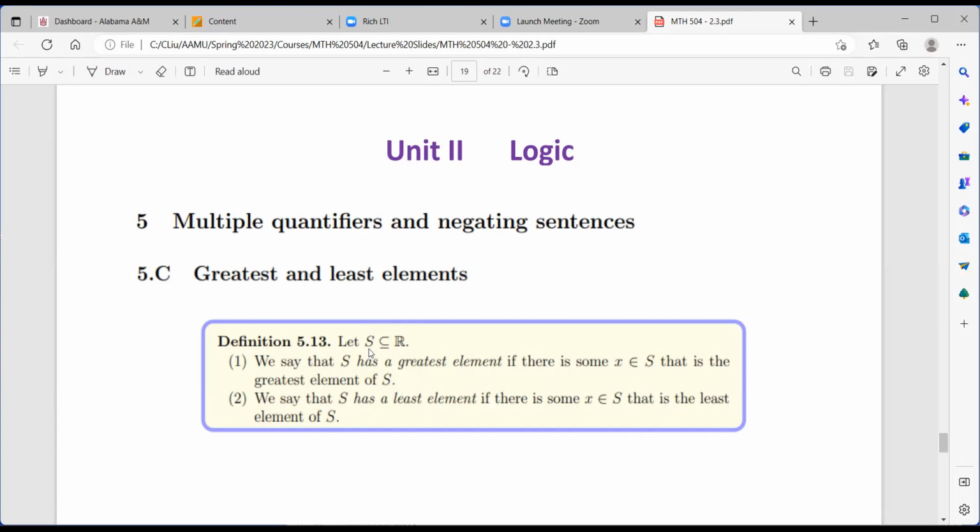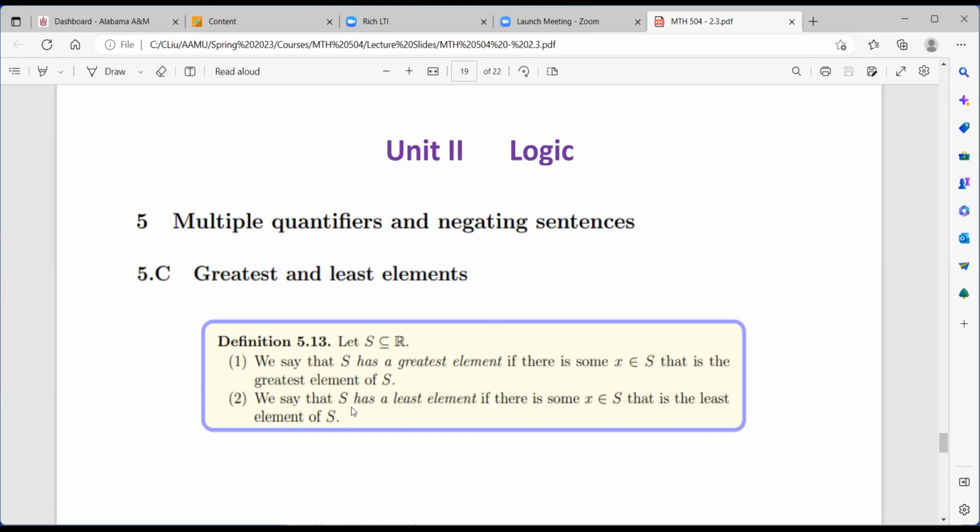So this definition is a little different from the previous one in that the previous one just defined what is the greatest element of S. Suppose it exists, but this definition defines what it means by saying that S has the greatest element, all right?